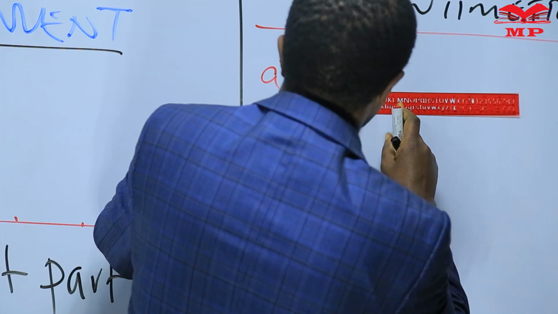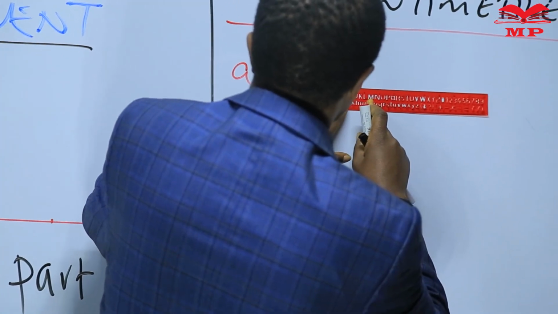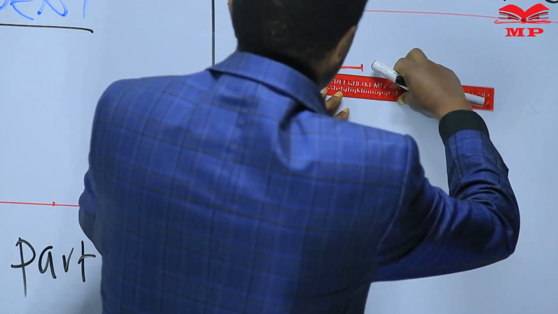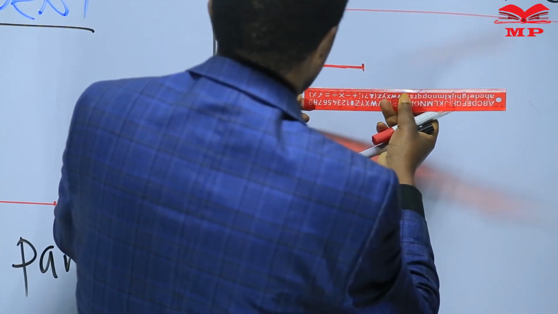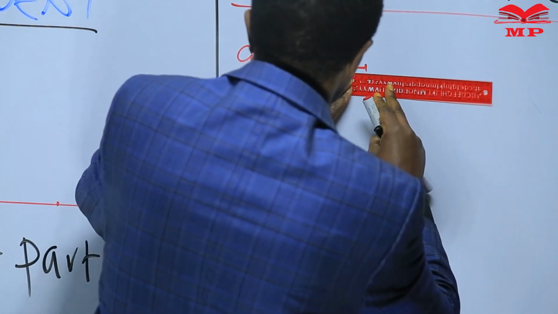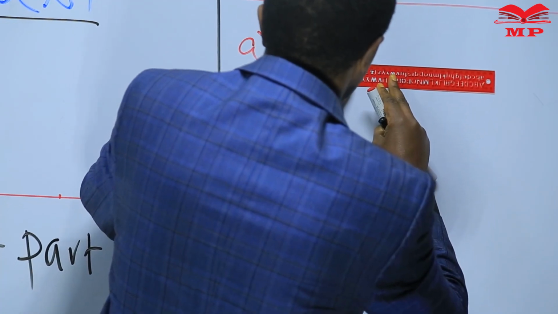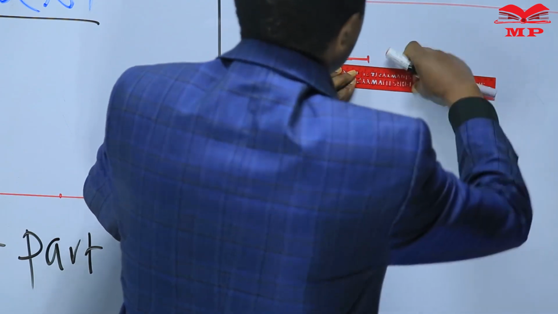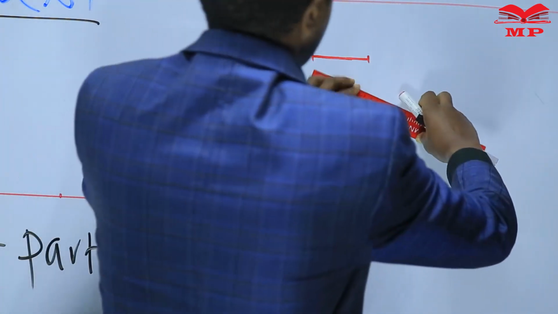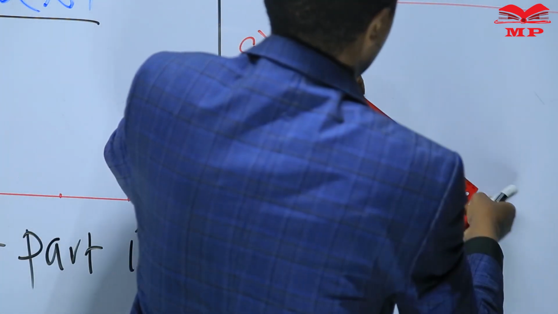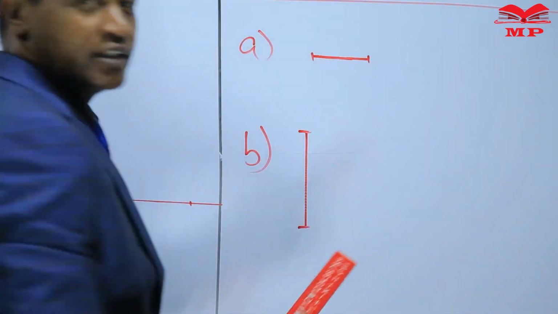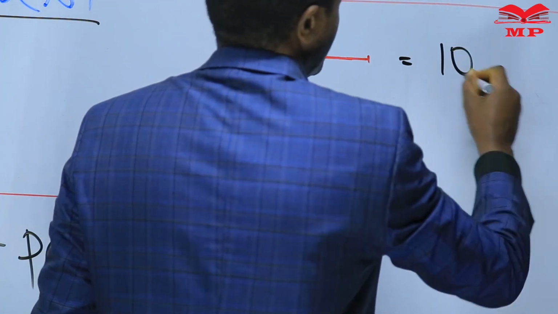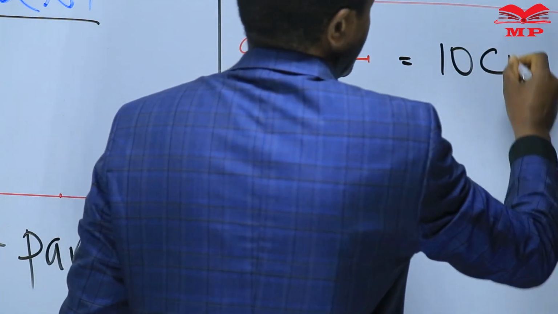Is it 4 centimeters? Let me try. Those are not centimeters. These are the centimeters. This is 10 centimeters. This line is measuring how many centimeters? 10 centimeters.